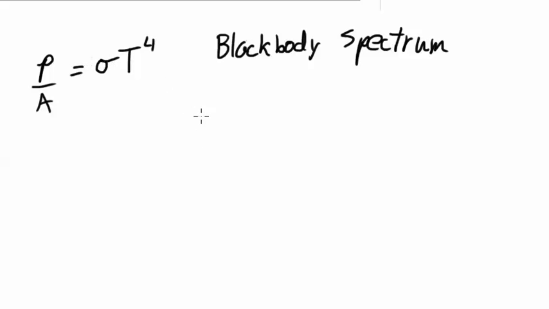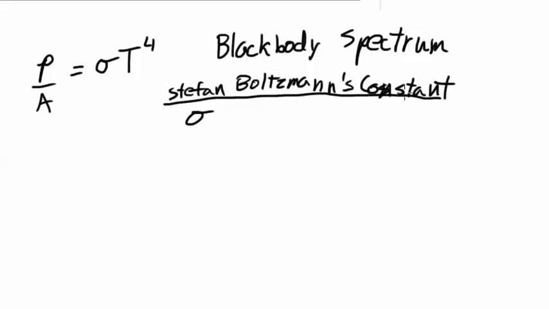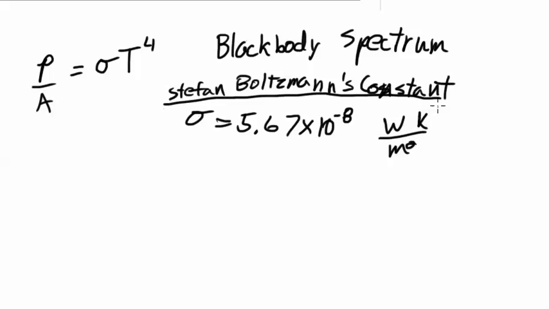Sigma is called the Stefan-Boltzmann constant, and it has kind of a funny sing-song numeric value, 5.67 times 10 to the negative 8th. 5678. It's in watts per meter squared per Kelvin to the fourth. And that just makes the units on the other variables come out right.